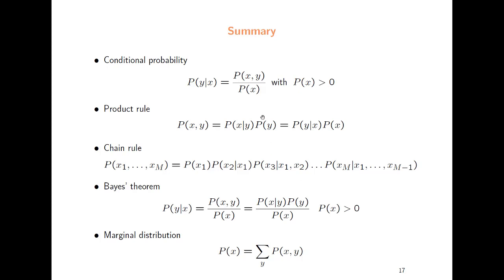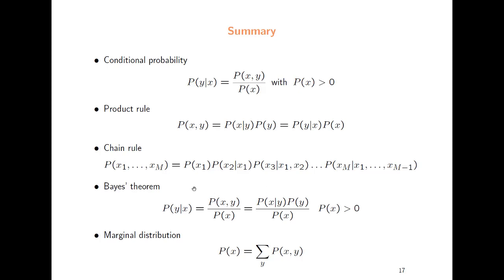P of y given x is P of x comma y divided by P of x. P of x comma y is the probability of x given y times P of y, or it's the probability of y given x times P of x. Then the chain rule in any order, so you can also change the order here, doesn't matter. But let's just keep it in this way. Then it's P of x1 times P of x2 given x1, P of x3 given x1, x2, until P of xm given all its predecessors.